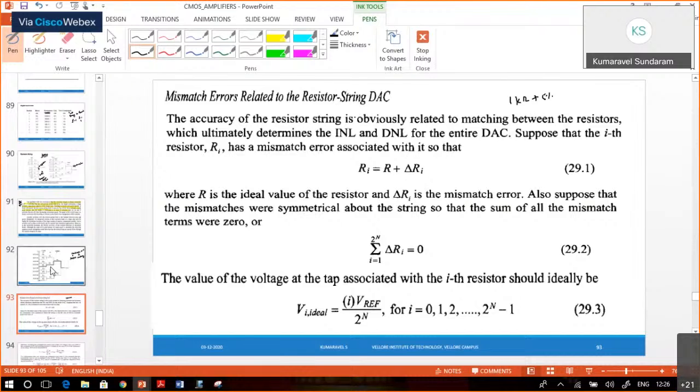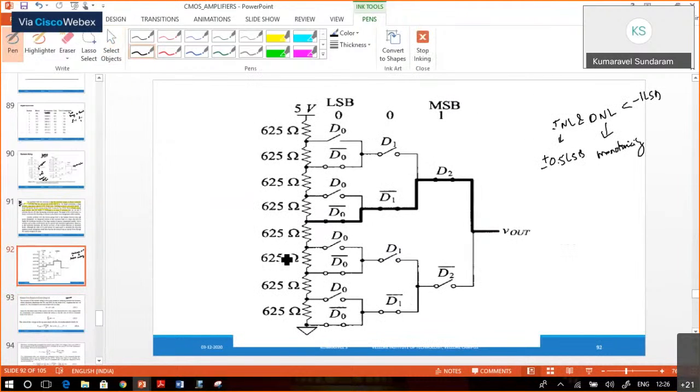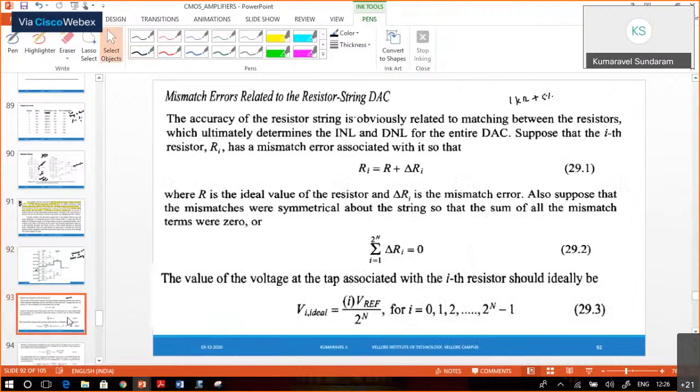If that happens, if delta R is going to be like 625 ohm, some 10 ohms is going to be added. The reference voltage here is going to get changed, and accordingly the conversion is going to happen. So if del Ri is equal to 0, then there is no problem, it will be equal to the ideal DAC.